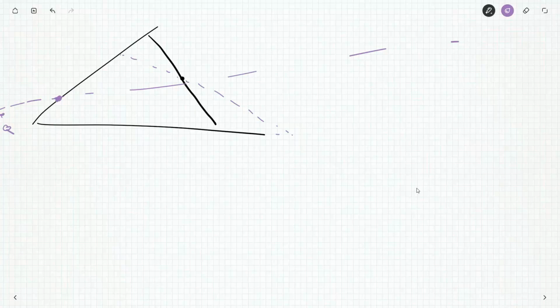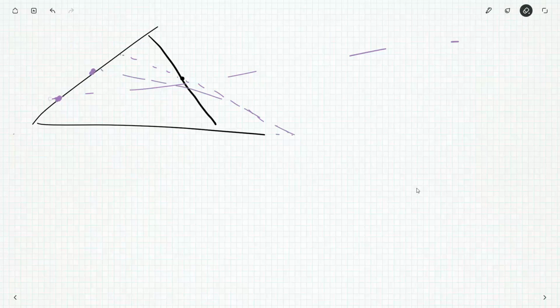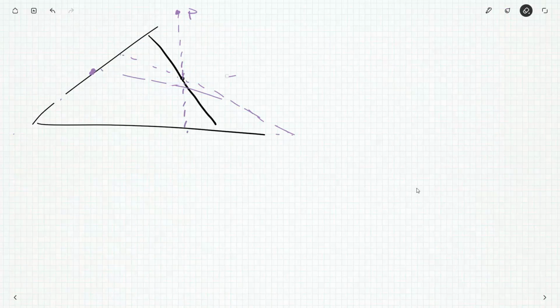You'd have a Q down here, and I don't really think that would work out. So there's going to be a limit to the values of Q, because you don't want one down here like this. But we can have a P up here. And there are lots of different values.